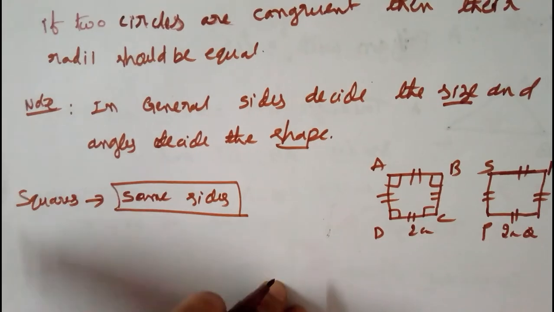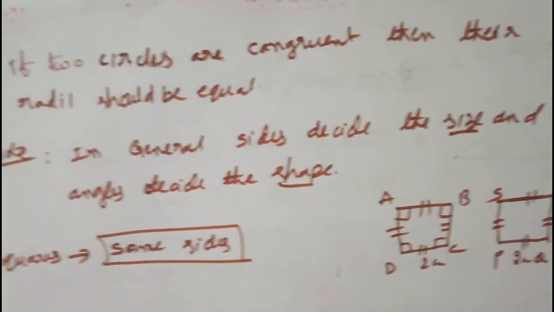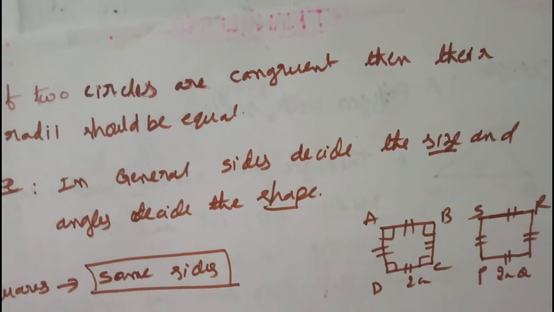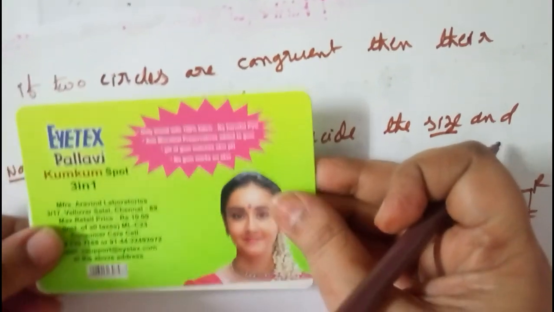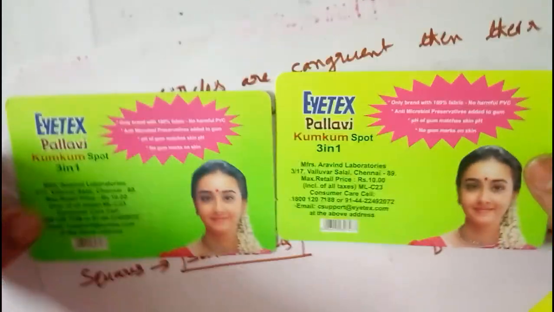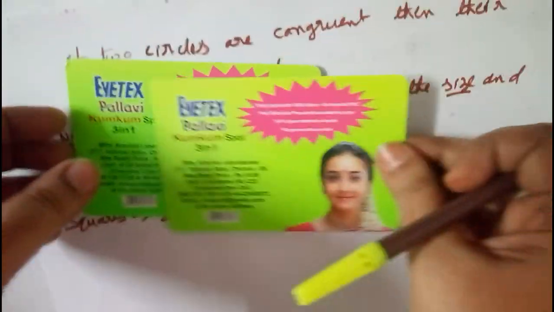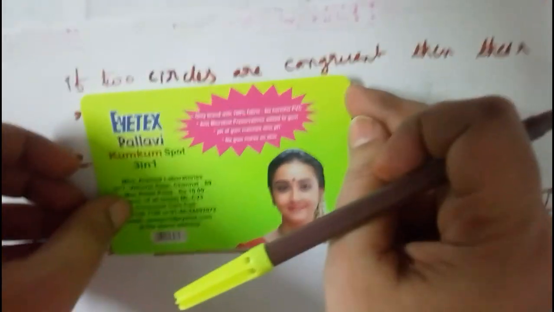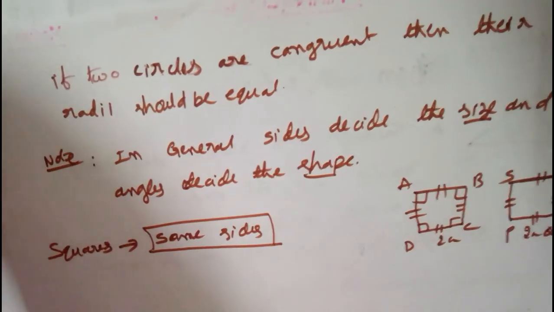When do you say two rectangles are congruent? Previously we observed the two sticker packets of the same company. Now these two are rectangle in shape. So when do you say these two are congruent? If the length and breadth of the two rectangles are equal, then we can say that those two rectangles are congruent.